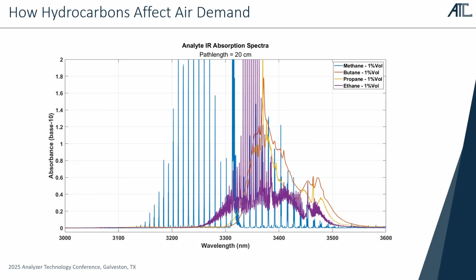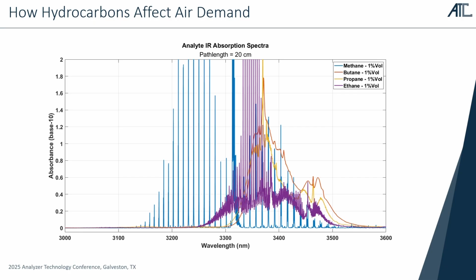So what we look at is in the UV, we can look at the H2S, we can look at ammonia if there's any coming in. In the IR, we can look at CO2. If we need to do mass balance, we can look at water. But more importantly, we can also look at the total hydrocarbon content.